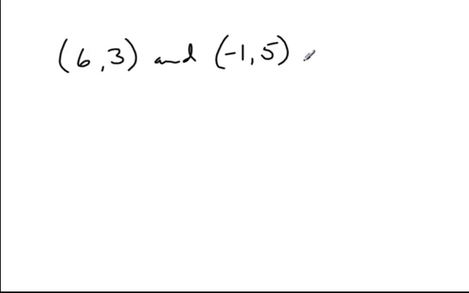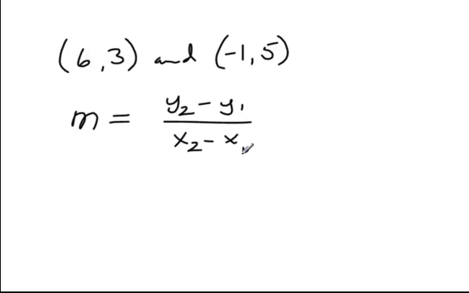So here we have 2 points. Now, first thing is I can do this graphically. I could put it on a graph and use my slope triangle, right? Or I could do it algebraically, which is the slope formula. That's easier. Why should I make a graph and do slope triangle when it's one step to do the formula? Here's the formula. Slope equals y sub 2 minus y sub 1 over x sub 2 minus x sub 1.